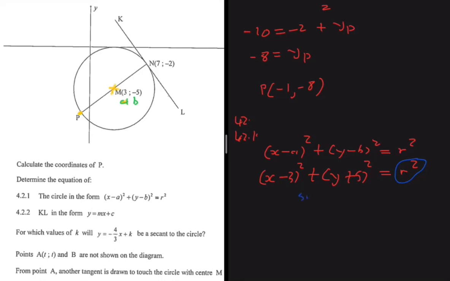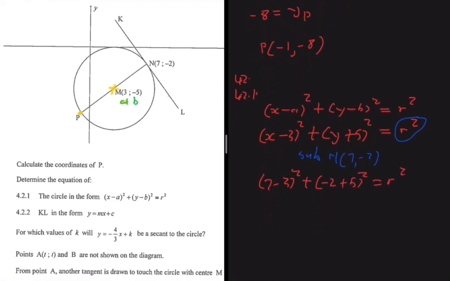So if we sub in N of coordinates 7 and minus 2, we're going to get 7 minus 3 squared plus minus 2 plus 5 squared being equal to r squared, right?